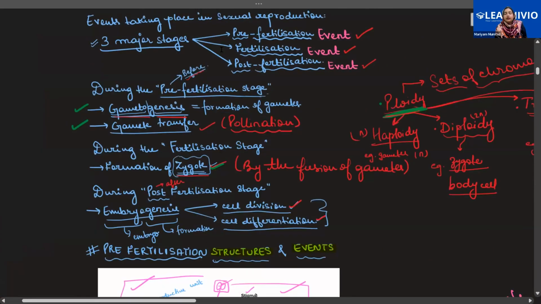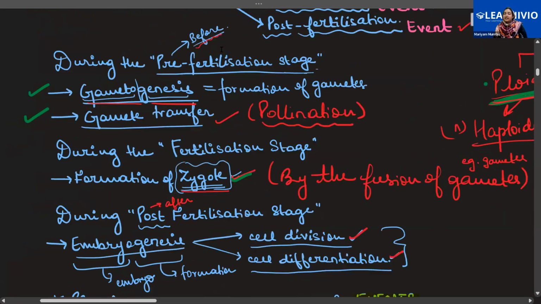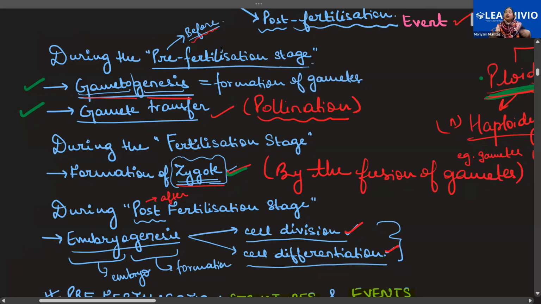Now, during the pre-fertilization stage, let us see what all things happen before the fertilization has taken place. The first thing to happen is gametogenesis. Gameto refers to gametes. Genesis means to make. So gametogenesis is the formation of gametes.